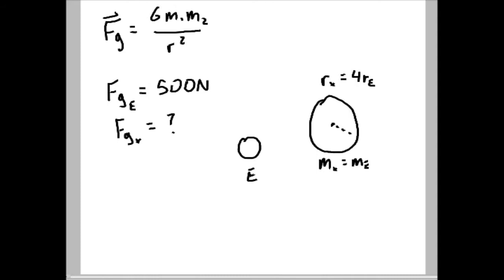So what do your instincts tell you about the weight on this new planet X? You've only got 3 options. It's either going to increase, decrease, or remain the same. Now, the only way your weight could remain the same is if none of these variables changed. Well, one of these variables, one of the masses, is the mass of you.